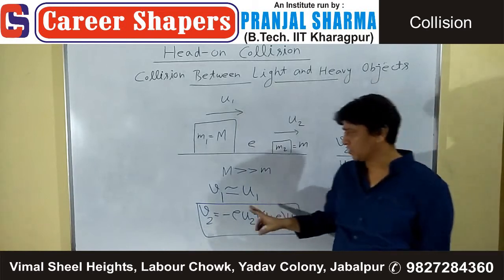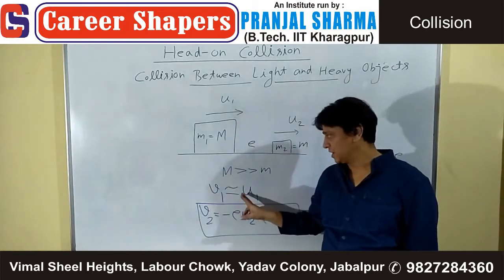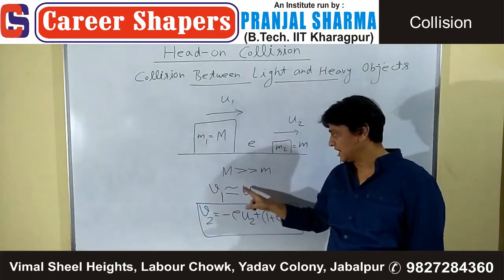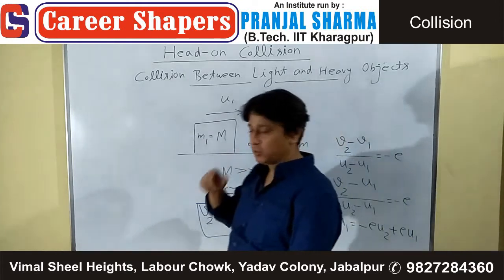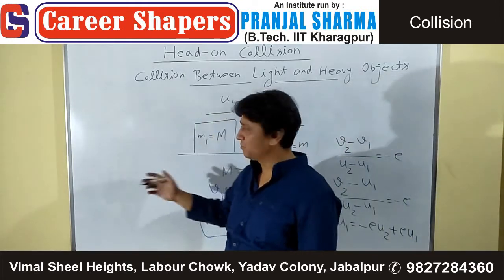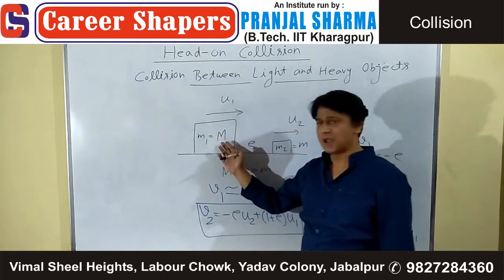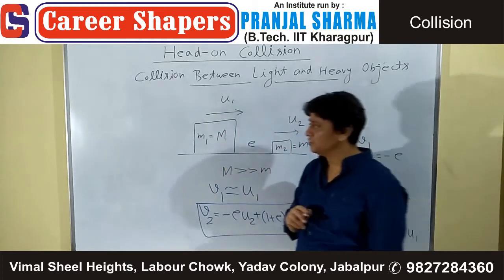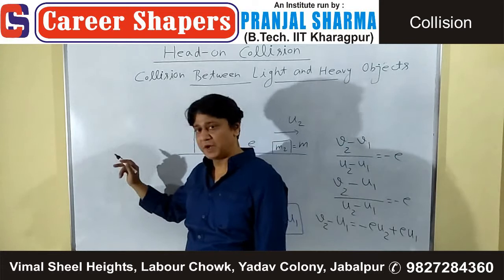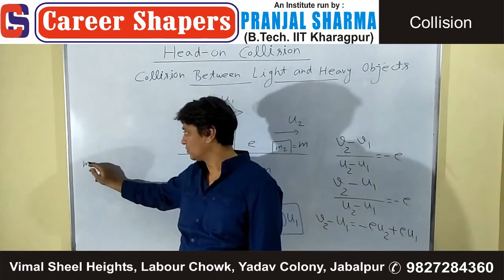Now let me just give you a mathematical proof for V1 being equal to U1 using equation number 1. Although we don't need that, because I simply said that it's a very heavy object, there's hardly any change in it. But if somebody is interested, then they can go for this.